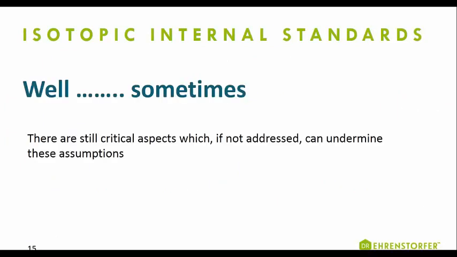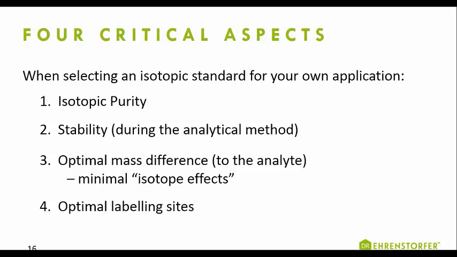There are still some key things to be careful of, or it may not work out as intended. So today I'm going to discuss 4 critical aspects: the isotopic purity, the stability of the isotopic substitution, the mass difference between the internal standard and the reference standard, and the sites on the molecule where you choose to make the substitution.